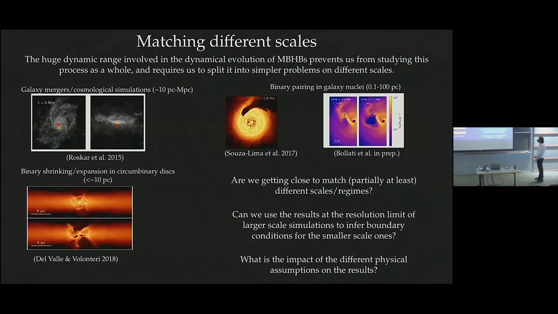And when you split the problem on different scales, the physics included in the simulation is also completely different. So at the moment we still have a lot of problems in joining the different scales, because many processes are neglected in some large scale simulations and not in small scale ones, and so matching the boundary conditions of these different studies is still problematic. So one question for all of you is, how can we improve in this sense?